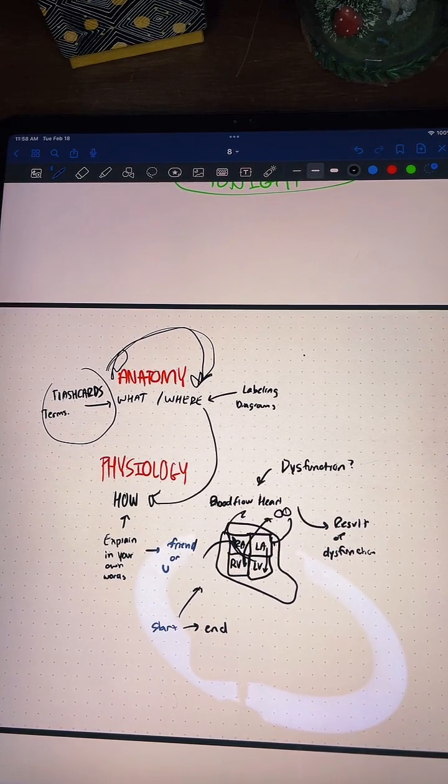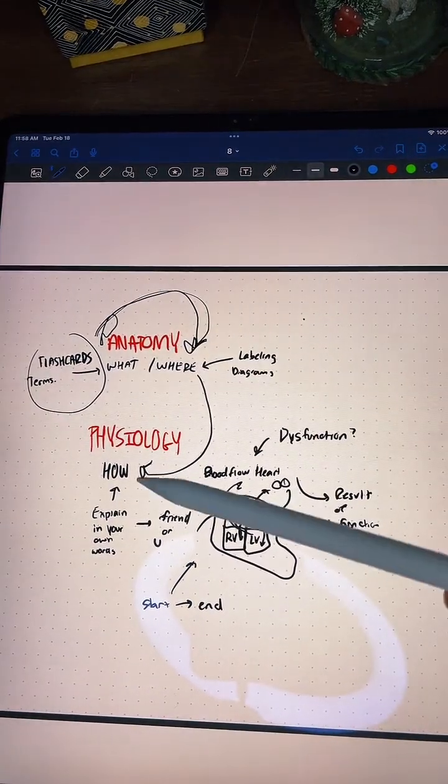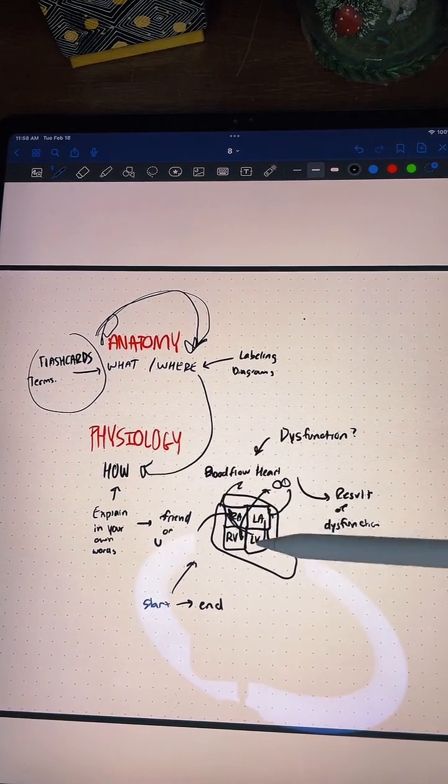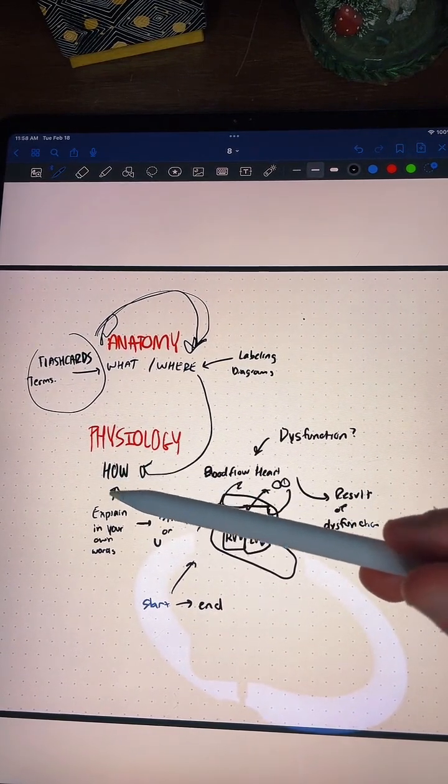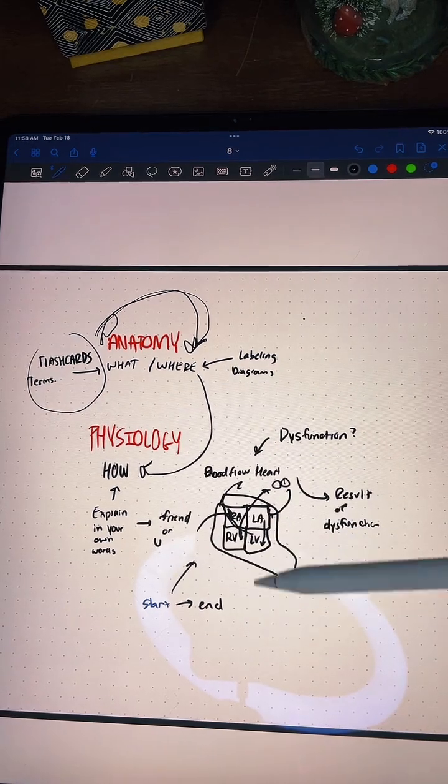Please re-explain the diagram. Yeah, so I was going over how to study anatomy and physiology. Physiology is how things work, so be able to explain things in your own words to a friend or to just yourself out loud.